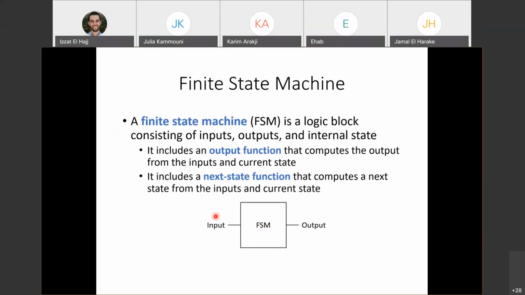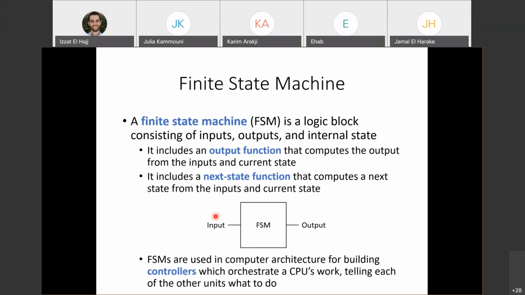Now, why are we talking about finite state machines? Finite state machines are used in computer architecture for building all kinds of controllers that orchestrate what the CPU does. Usually these controllers are aware of what the CPU previously did and what it needs to do next, and that's why they need some kind of state.